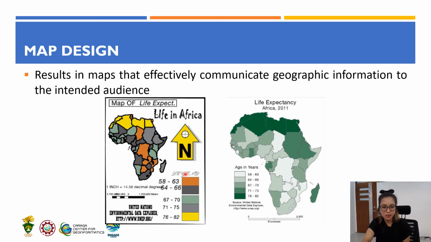How about the others? United Nations Environmental Data Explorer. There are different font styles that you can see, and he or she is being creative in choosing the colors to represent the elements, but it's hard to understand. So 76 to 82, okay, orange, okay.